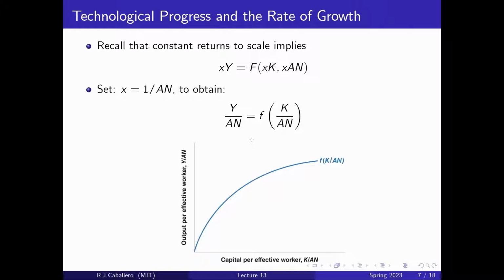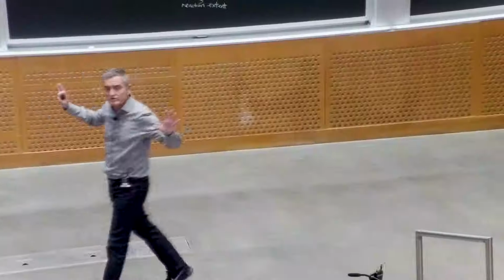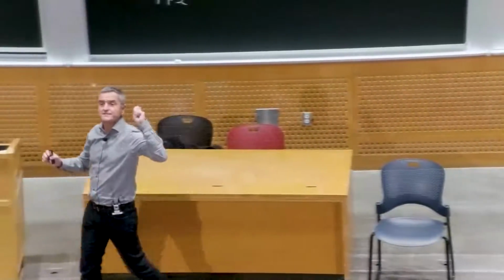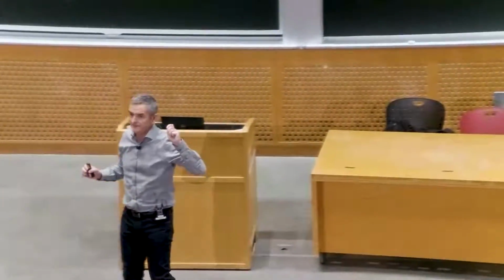And what is nice of this is that now, rather than plotting Y over N, I'm going to plot Y over AN. Rather than plotting K over N, I'm going to plot K over AN. And the blue line looks exactly like it used to look. It's just that I'm dividing by AN. Remember, the trick in all these models is to find the right normalization, that is, to find the right x, so I can find a steady state in my diagram. I don't want these curves to be moving around.